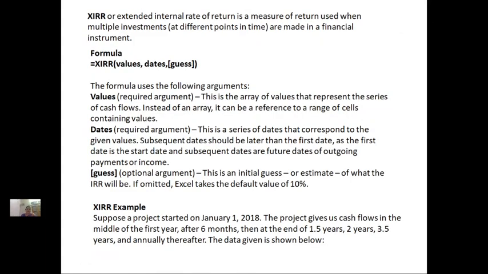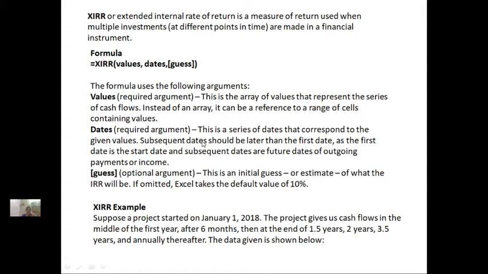Let us go to the next slide, XIRR. Extended internal rate of return is a measure of return used when multiple investments are made in a financial instrument. This is the syntax: XIRR, values, dates, guess. Values is the array of values that represents a series of cash flows, or a reference to a range of cells containing values.